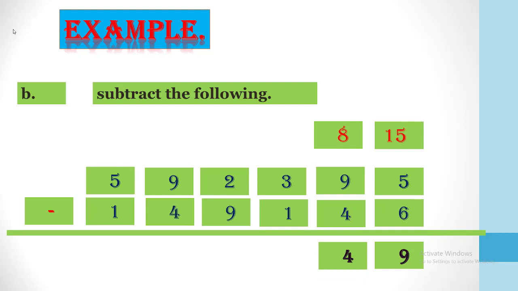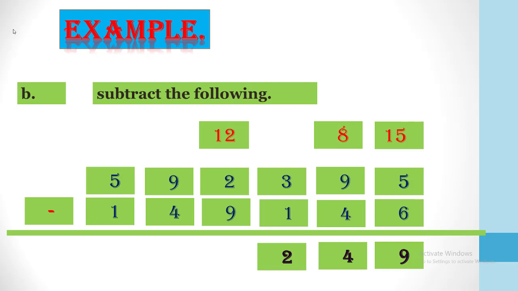Now the next column is 3 minus 1. It is equal to 2. The next column is 2 minus 9. 9 cannot be subtracted from 2. We have to take carry from the next column. Here, after taking carry, 2 will become 12.